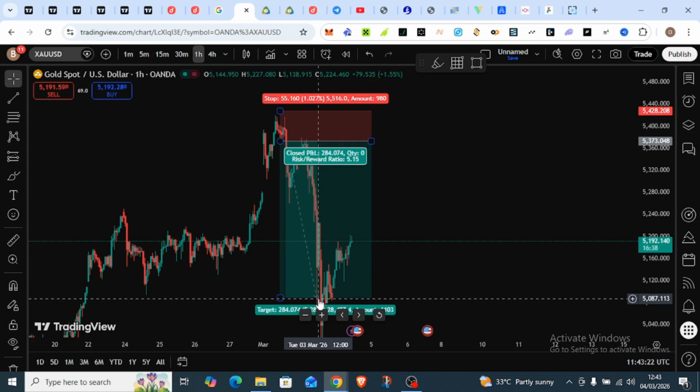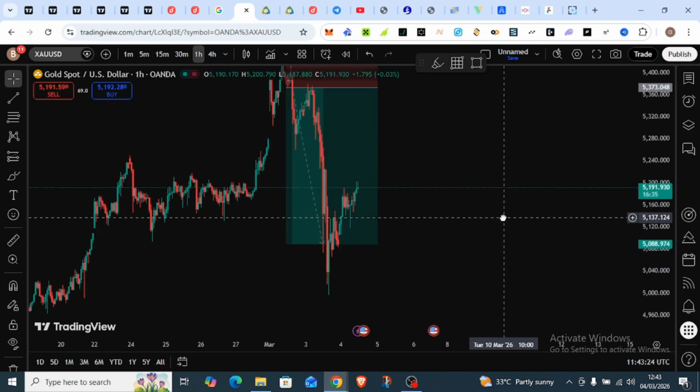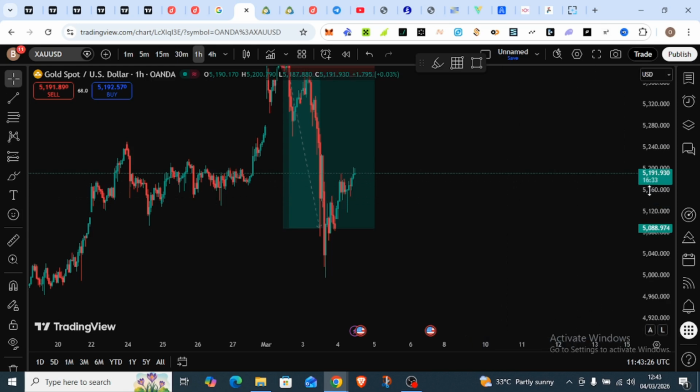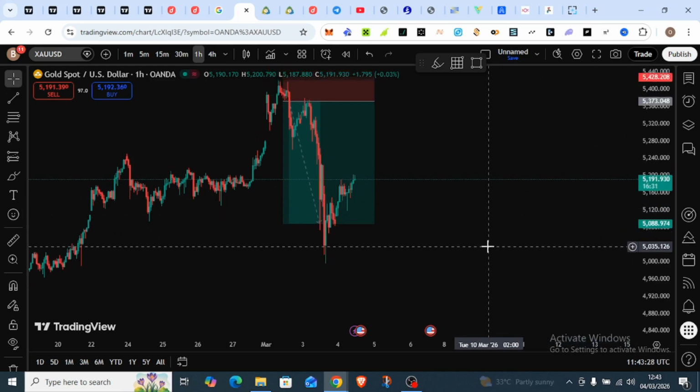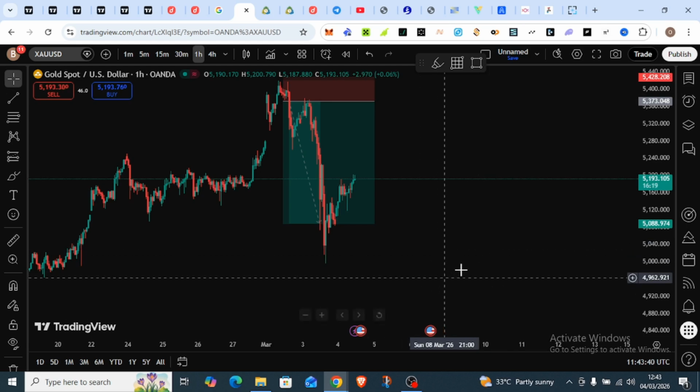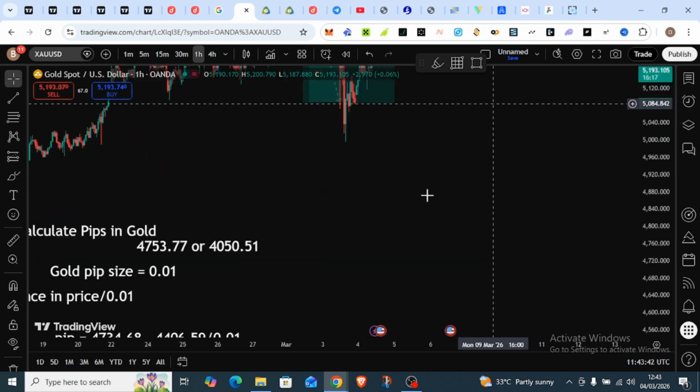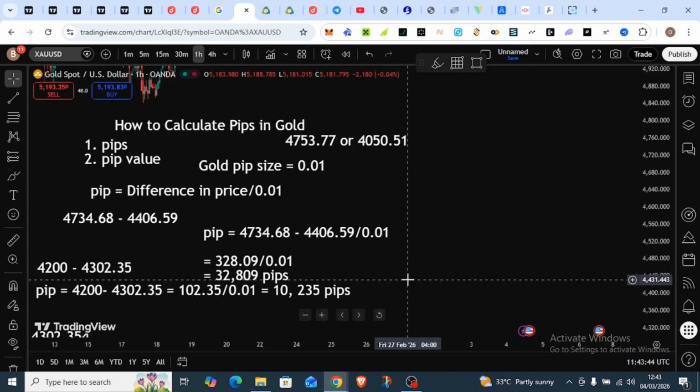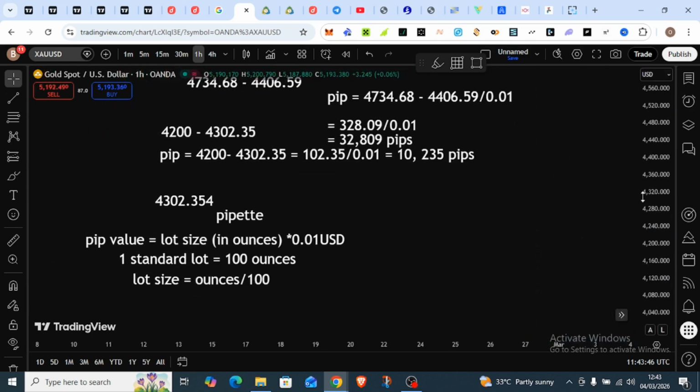We can only do this when we calculate pip value, how much a pip costs in this trade. So that is what we are going to learn how to calculate. I already gave you this formula. Let's go back to where we are doing our calculation.